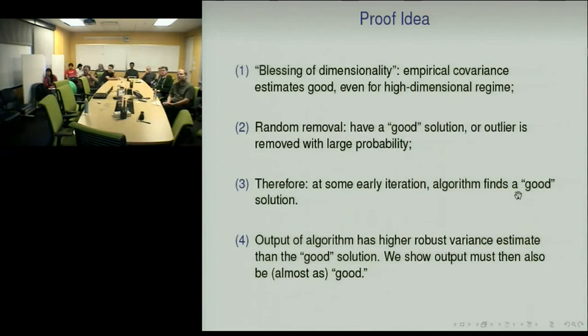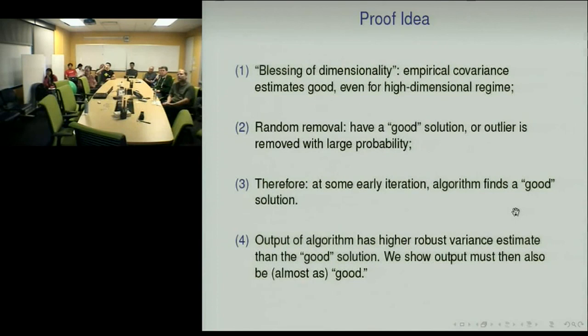But here we have many dimensions, and we can do the same tricks also when we have many dimensions. And that's exactly what we do here. So we use the number of dimensions to sort of get rid of the noise. So that's the first idea, which is kind of interesting. And really, the key point is that empirical covariance estimates are good even for the high-dimensional regime.